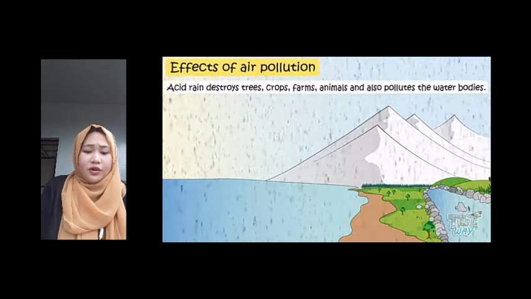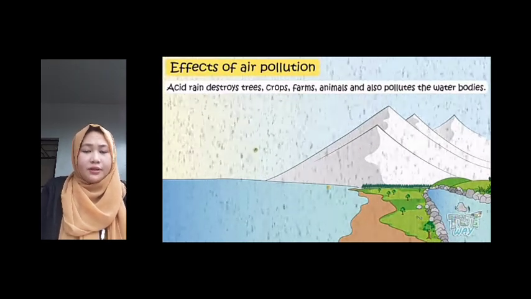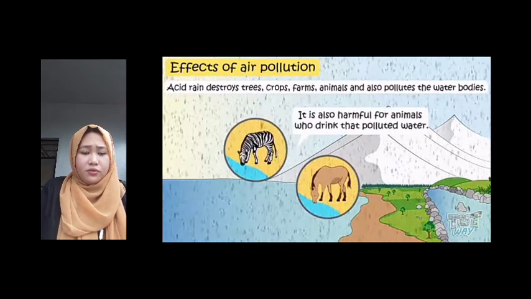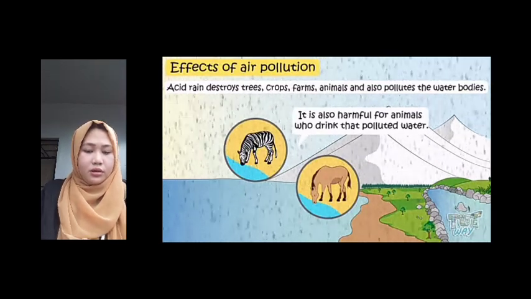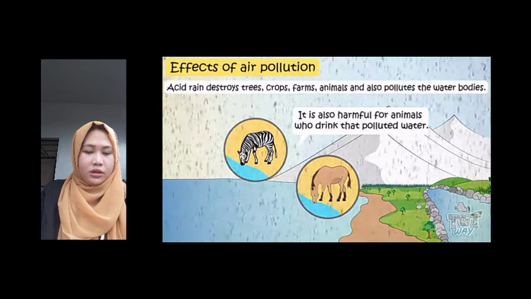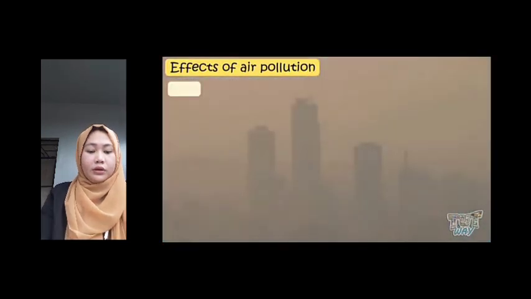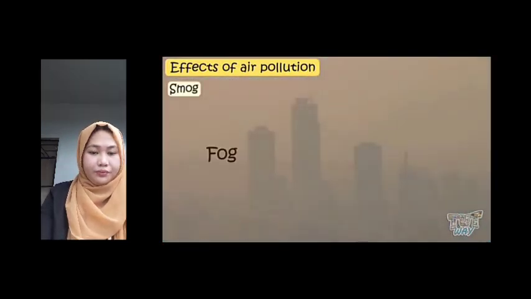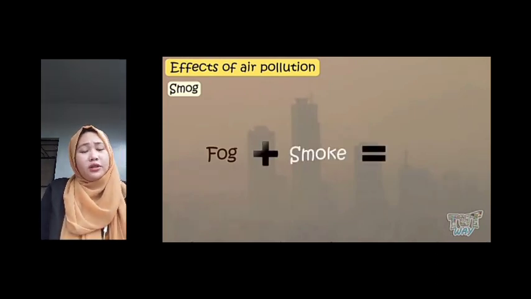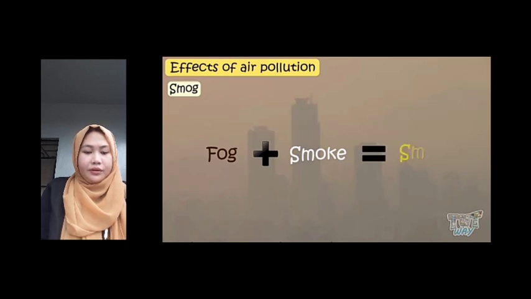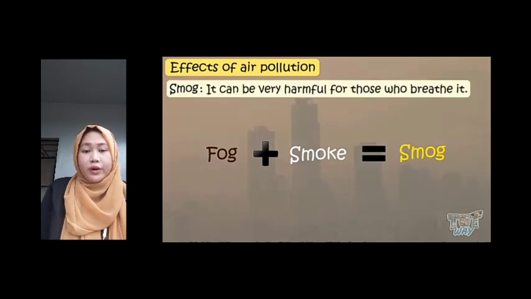Acid rain destroys trees, crops, farms, animals, and also pollutes the water bodies. Take a look at the picture. It is also harmful for animals who drink that polluted water.